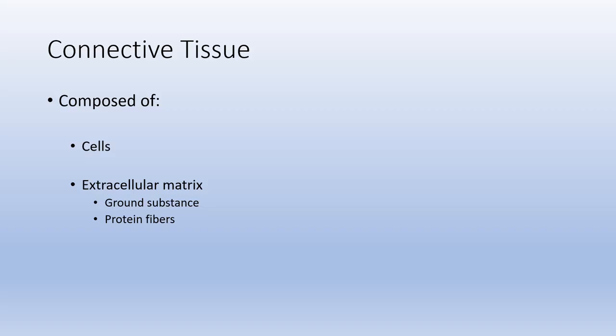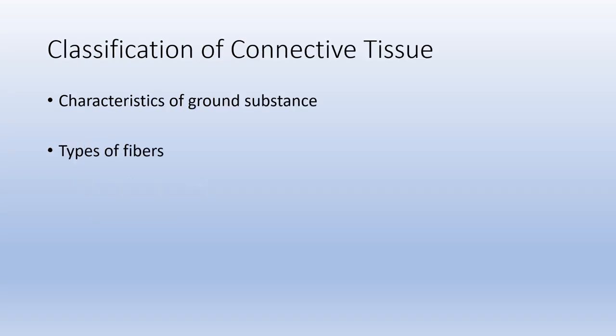This is material outside of the cell. It's composed of ground substance and then protein fibers. That ground substance may be very hard, it may be liquid. It just depends on what specific type of connective tissue you are talking about. And then the protein fibers.